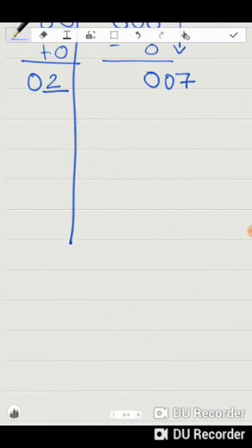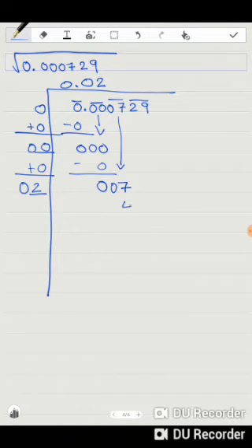So 2 2s are 4. Remainder 3. I add 2. So I get 4. And now I bring down 29. And I put a dash here.